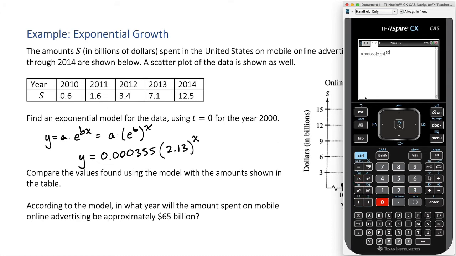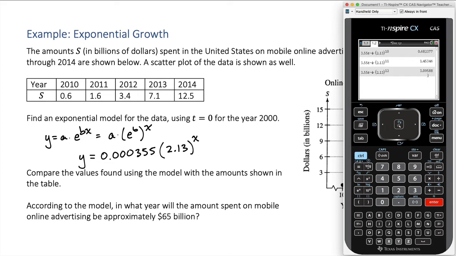That would be for my 2010. It gives me 0.68, which is close to 0.6, but of course not the same. We can do the same thing, copying that, but now in my exponent, instead of 10, I'll put 11. We get 1.45, again close to 1.6, but not exact. Copy that, and we'll put in our exponent of 12.